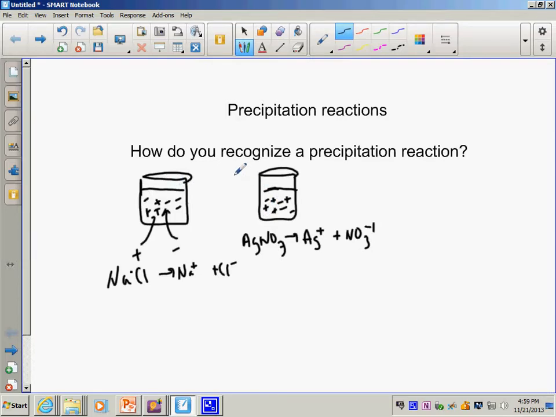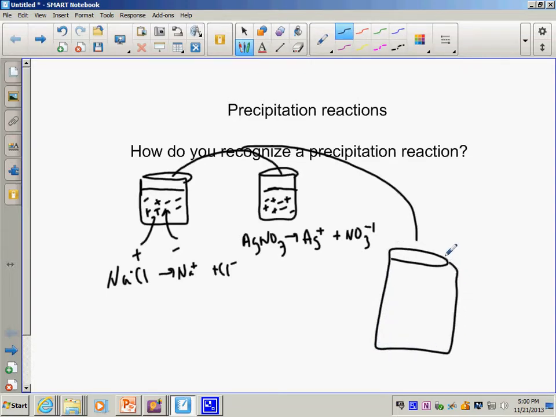So first of all, how do we recognize a precipitation reaction? We're going to have two ionic compounds, two solutions mixing together to form one new compound, one new solution. They're going to be liquid.